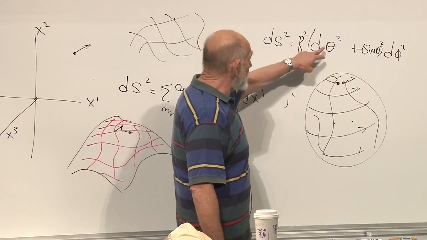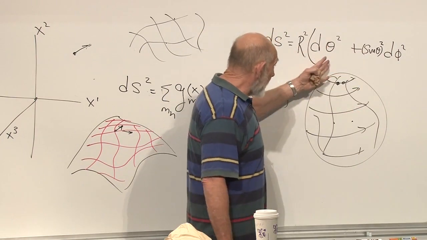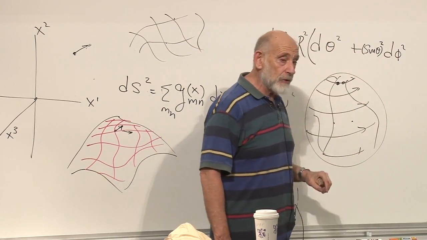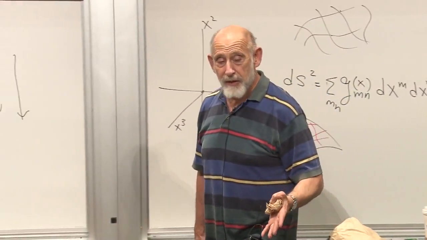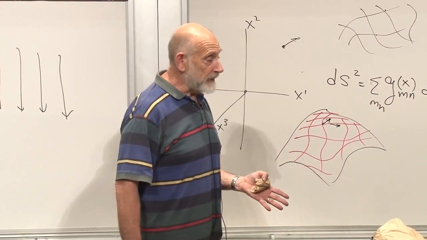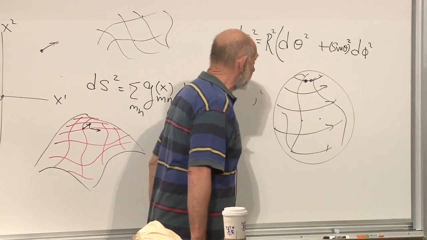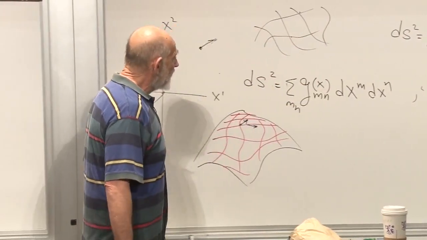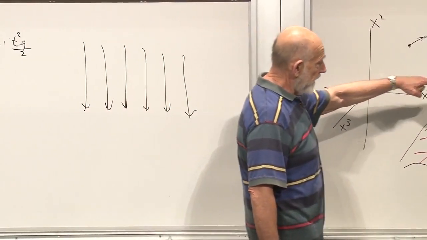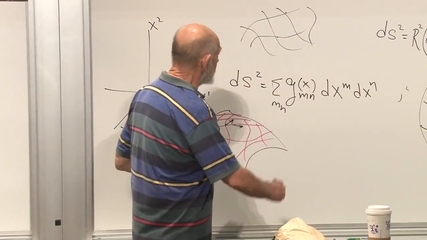But it will always involve the coordinates quadratically. There'll be d theta squared terms, d phi squared terms, and d theta times d phi terms. There will never be d theta cubed terms, and never things linear. Everything will be quadratic like this. And you'll get some general formula which will involve a matrix and the little separations dx.